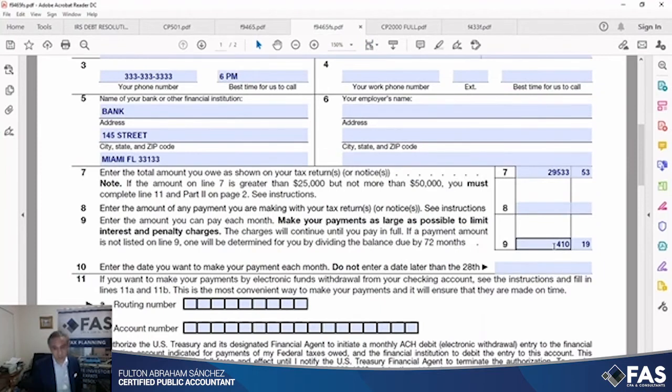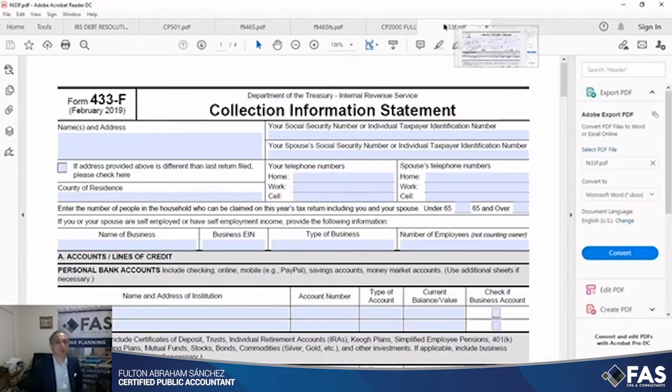And here in this line number 9, you are going to put the amount that you can pay. If it is lower than the division of line 7 into 72, and that is too much for you, you put the amount that you can pay, but as a consequence, you will need to come with Form 433.